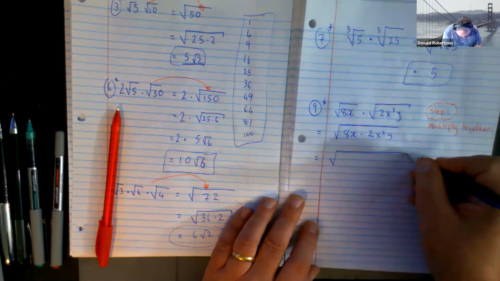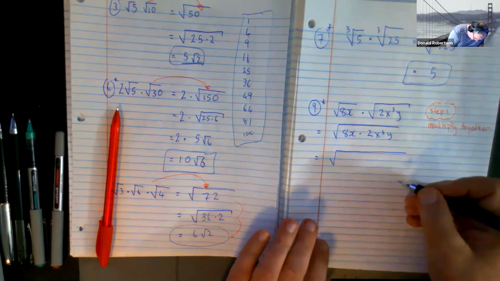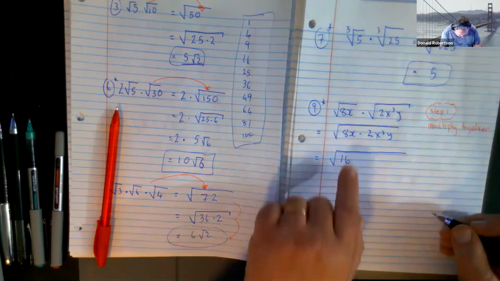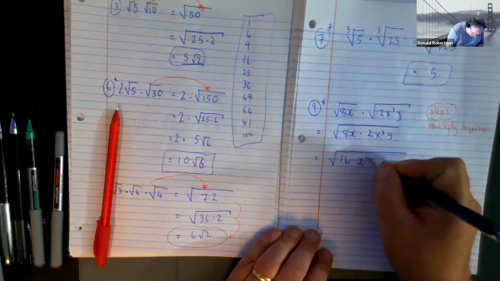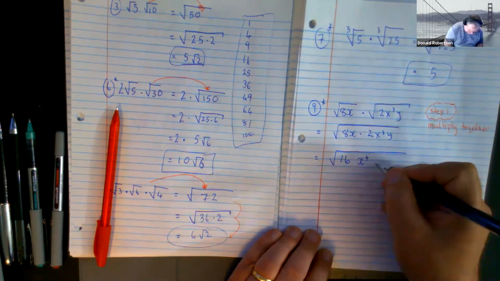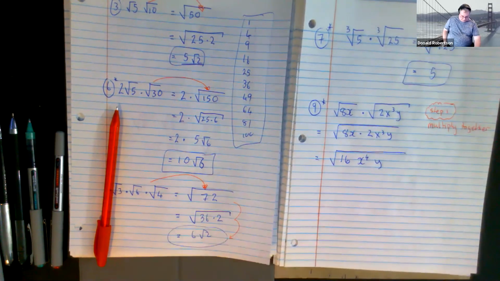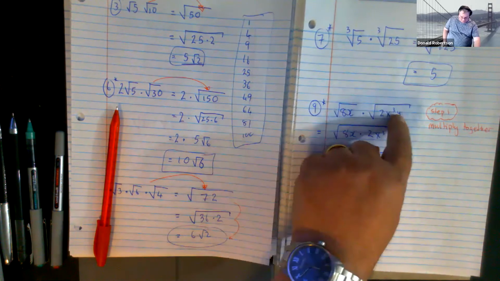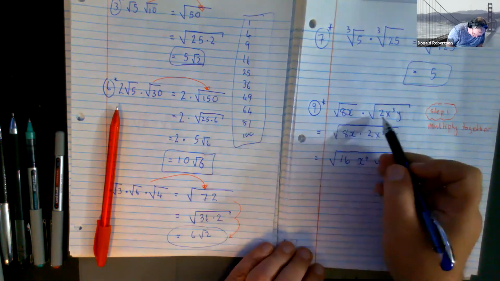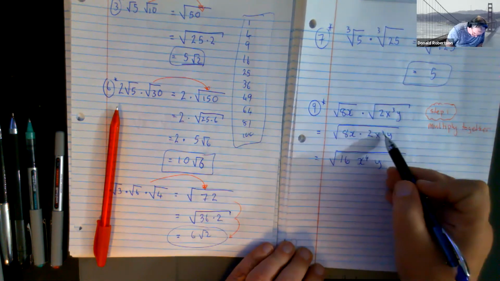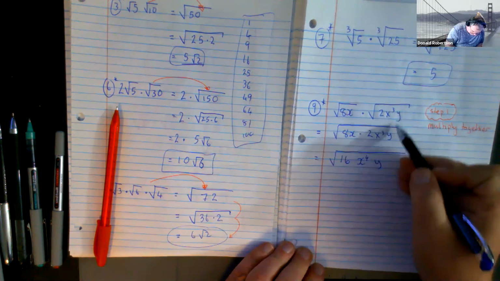Well, 8 and 2 multiplied together give me 16. And x times an x cubed, when you multiply an x with an x cubed, you get x to the 4. Are we comfortable that when you multiply these 2 fellas, that's what the combined answer is? We good? 8 and 2, 16, and x with an x cubed gets me x to the 4, and the y is still there.